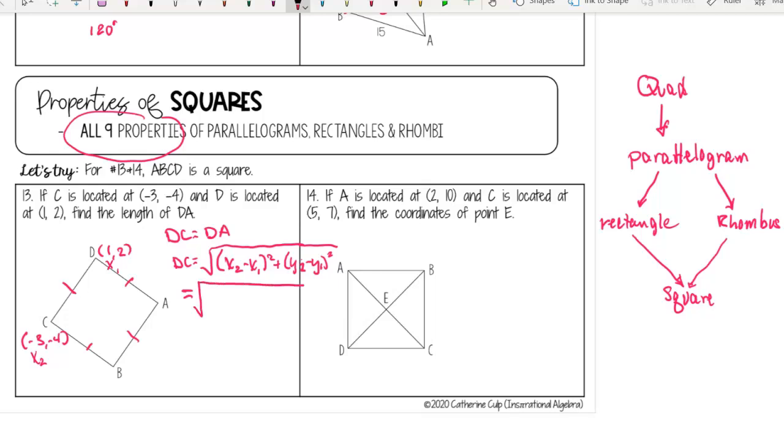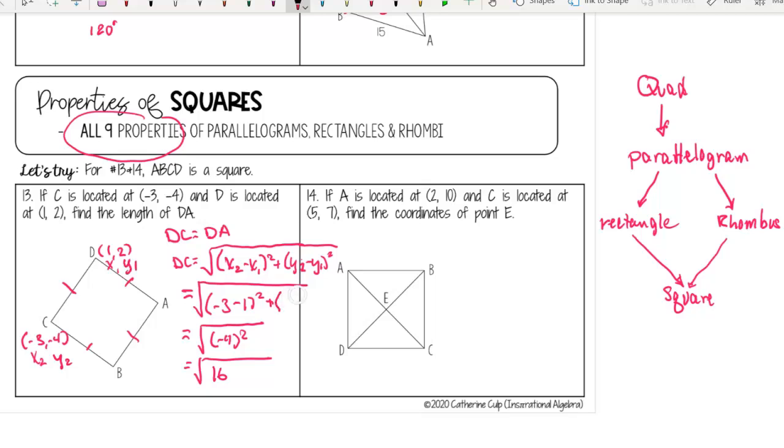Notice those don't come from the same coordinate points. So this is going to be -3 minus 1 squared, which equals -4 squared, which equals 16. Then we're going to do y2 minus y1. So y2 is right here, and y1 is right there.